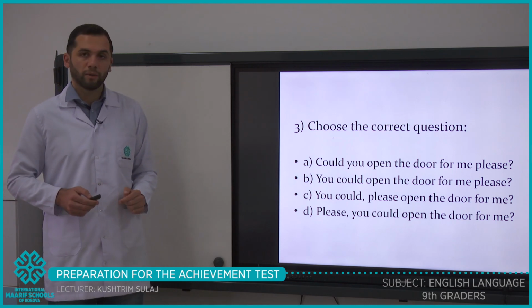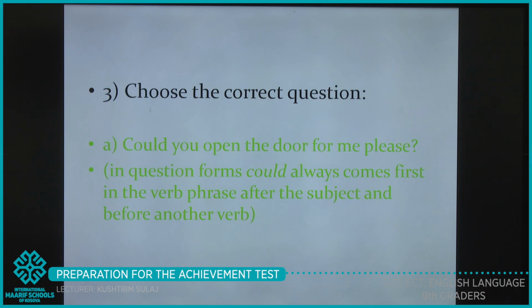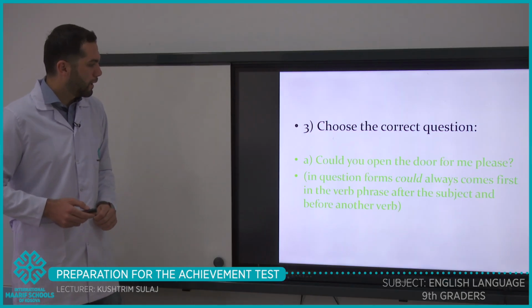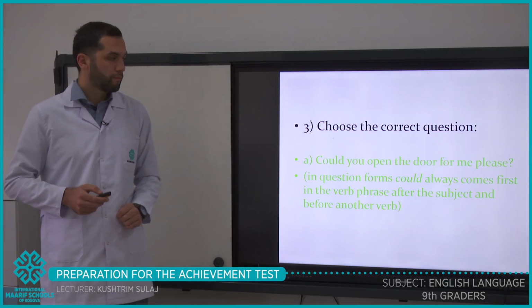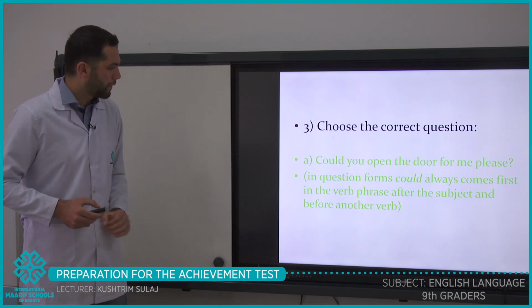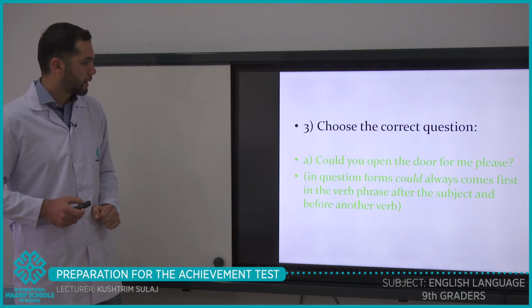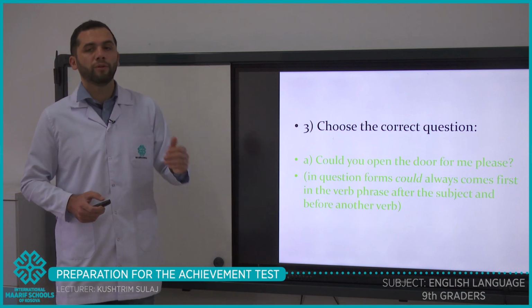Now, let's go with the next slide. And we just eliminated B and C. And this slide tells us that A is correct. Why? Because could you open the door for me, please, is the best answer. In question forms, could always comes first in the verb phrase, after the subject and before another verb.